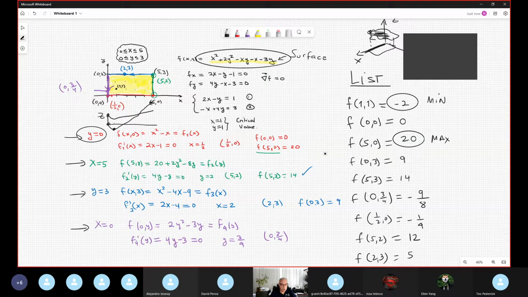So you plug it in, and any z value coincident with the red, green or blue boundary gives one function depending on only one variable. You want to study the behavior of this intersection, because in 3D you have the surface and the plane y equals 0, and the intersection between the plane and the surface gives me a curve.